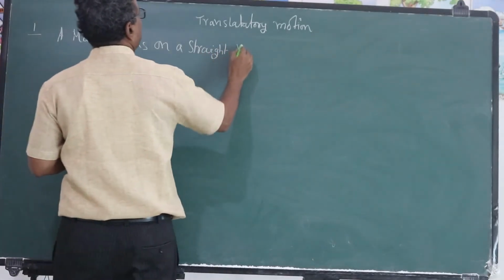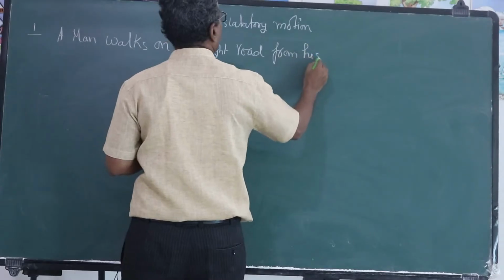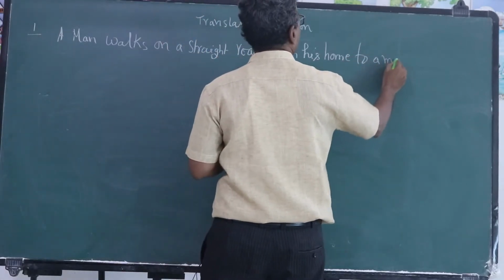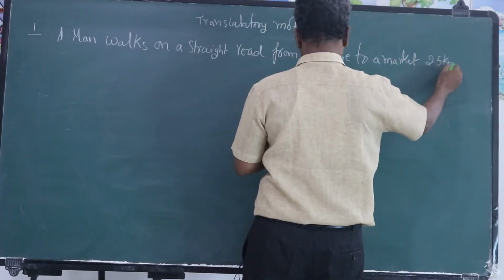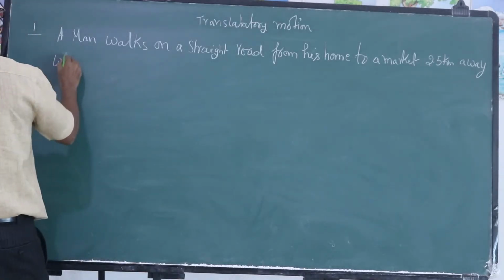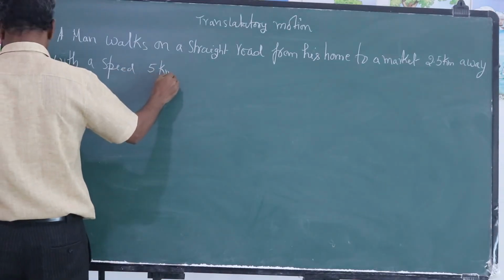First problem. A man walks on a straight road from his home to a market 2.5 kilometers away with a speed of 5 kilometers per hour.